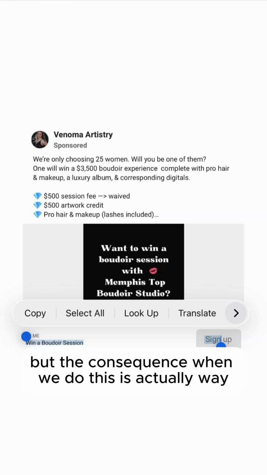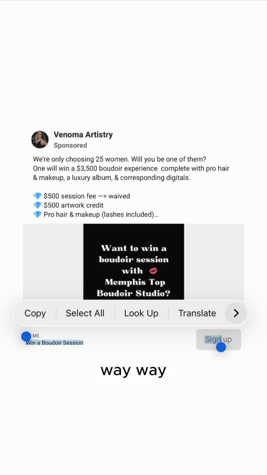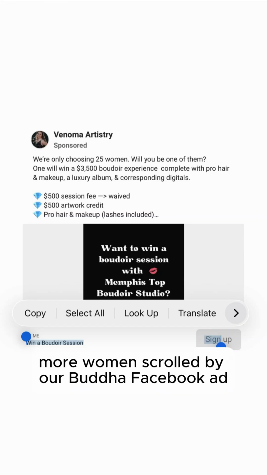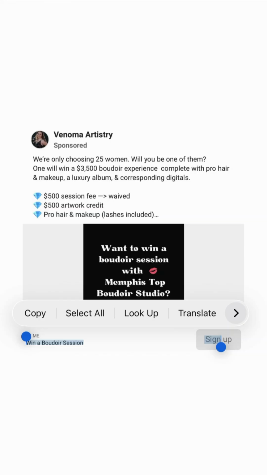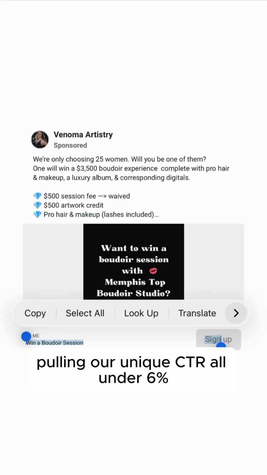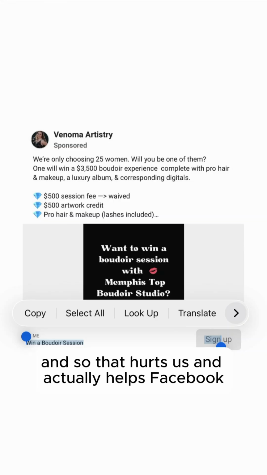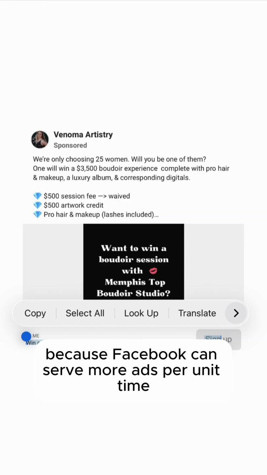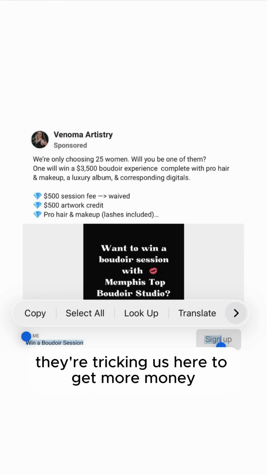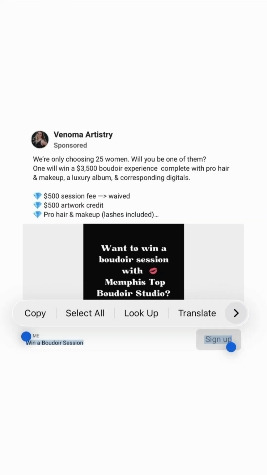But the consequence when we do this is way more women scroll by our Boudoir Facebook ad than necessary, pulling our unique CTR under 6%, contributing to BLCS, Boudoir low click syndrome. And that hurts us and actually helps Facebook, because Facebook can serve more ads per unit time. So Facebook's hustling us, they're tricking us here to get more money.